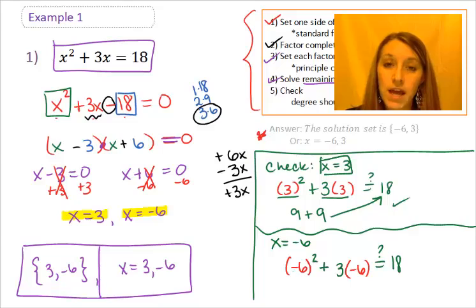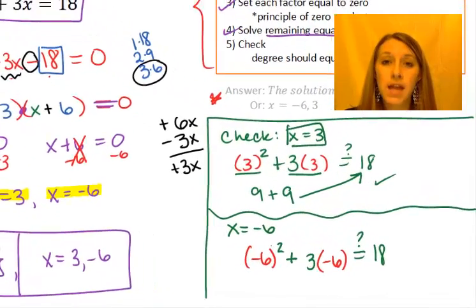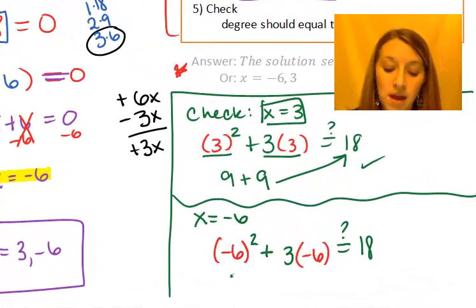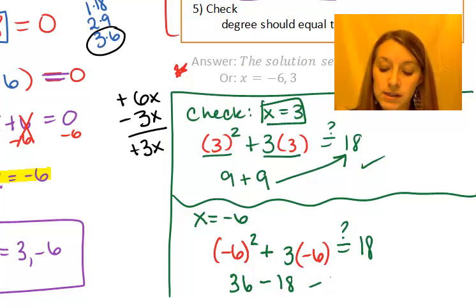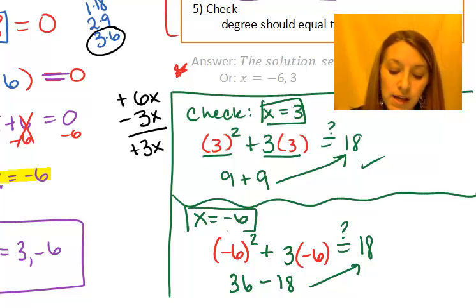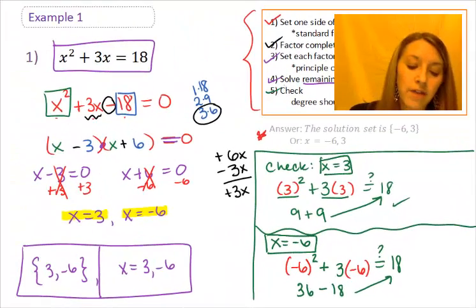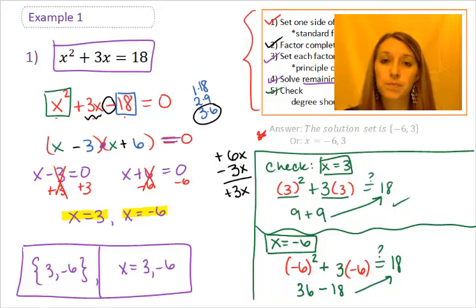Well, on the left, negative 6 squared, which is negative 6 times negative 6, gives me a positive 36, plus 3 times negative 6 is a negative 18, and of course 36 minus 18 does give me 18. So that also works as an answer here. So I have checked my solutions.